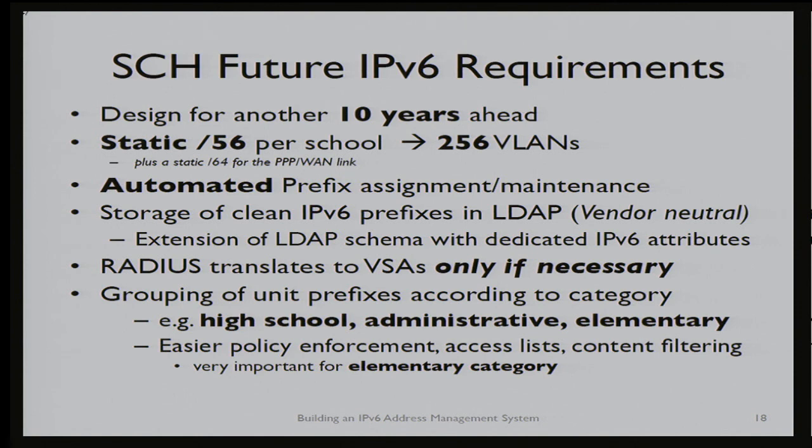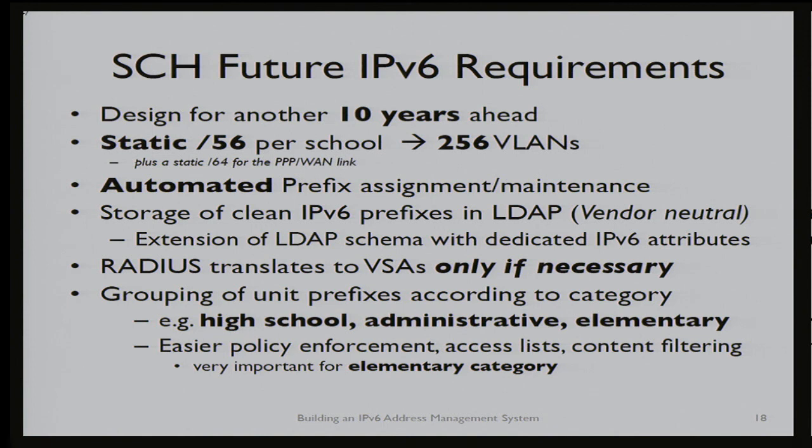This time we're going to store clear IPv6 prefixes in our directory, which is a more vendor-neutral solution. We're not storing VSAs in the directory. And this time we'll extend the directory schema with a couple of dedicated IPv6 attributes, which makes sense. And of course, if necessary, we'll have the radius translate to whatever VSAs we need to use, only if necessary. So this is a smarter setup.